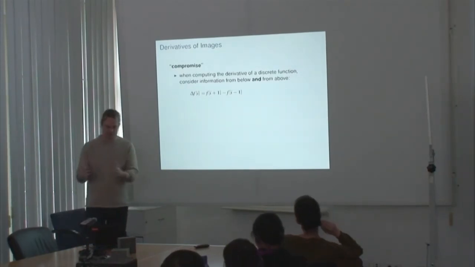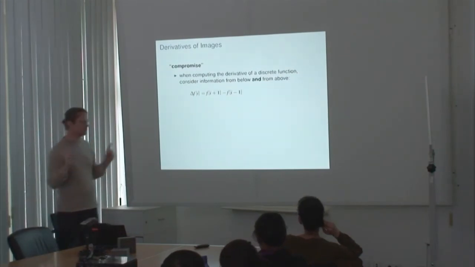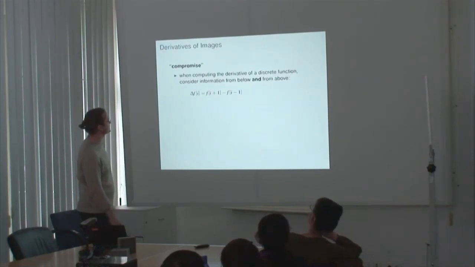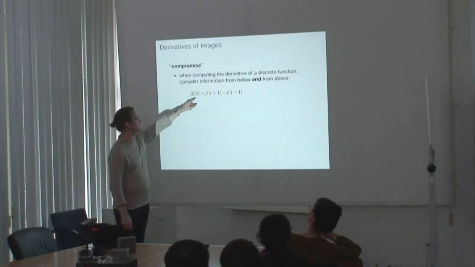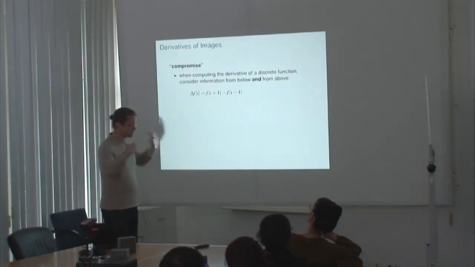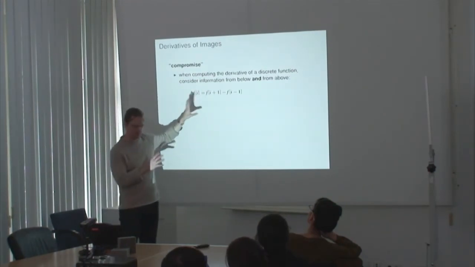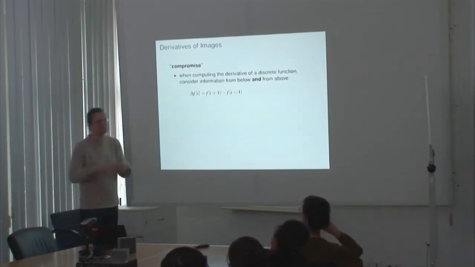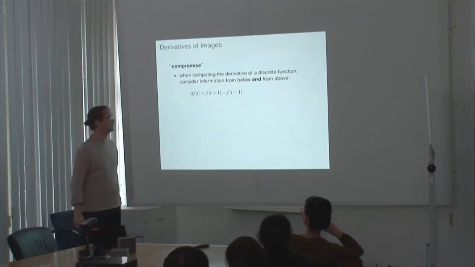The things we're dealing with are discrete functions, and one way of adapting the idea of differentiability to discrete functions is, for instance, this definition of the derivative of the function f at I. We define it from now on using this definition, and you will find different ways of defining it in the literature. This is sad, literature can't really agree on what it means, but this is one possible way.